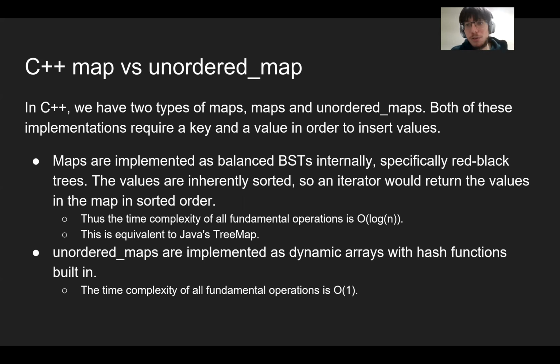The downside to unordered maps is that the elements aren't sorted. If you want to access them in sorted order, that's too bad; you might have to go through all of them. But if you just want to insert, remove, and get, they're great. That's the benefit of unordered maps versus ordered maps.